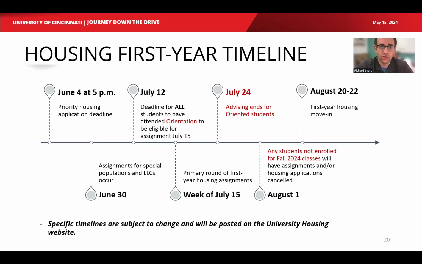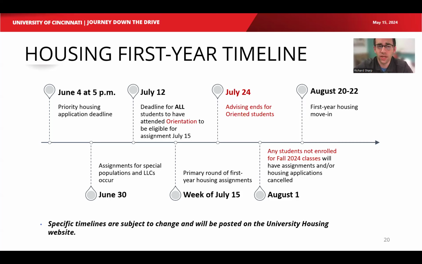If you either are not selected for a learning community or you choose not to apply for a learning community, we will begin making assignments and notifying you of where you're going to live and who you're going to live with the week of July 15th. So it begins that week. We hope to have everyone notified that week, but that's when we're starting to do that.